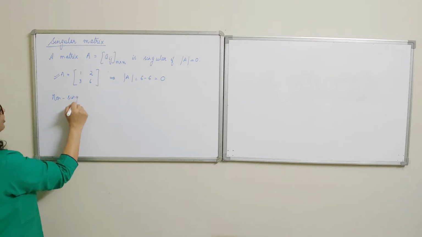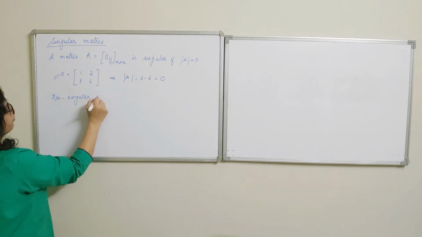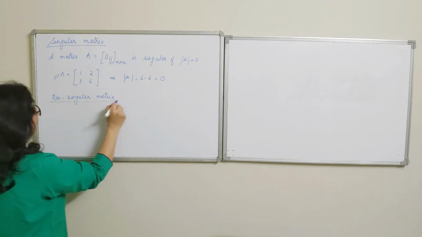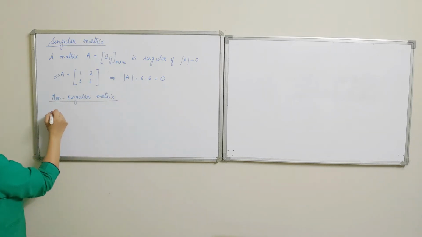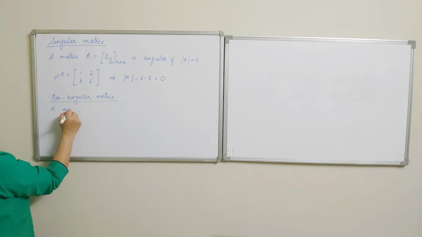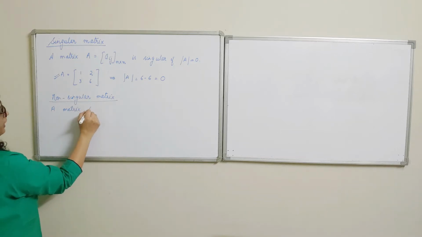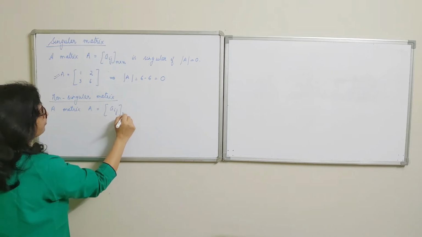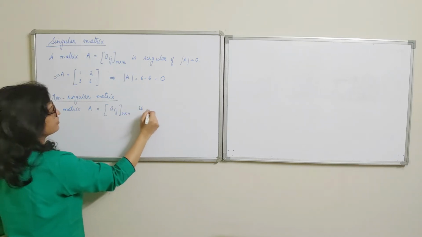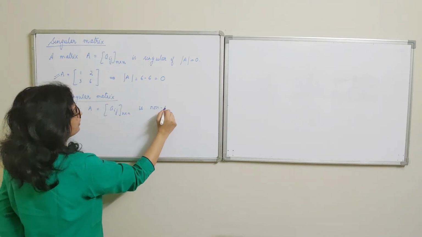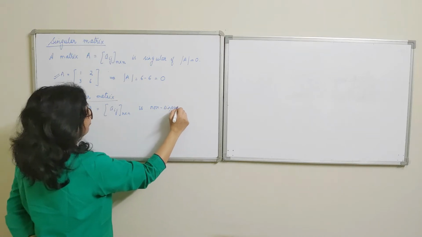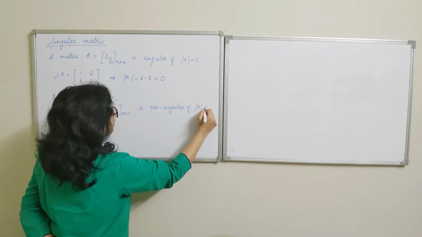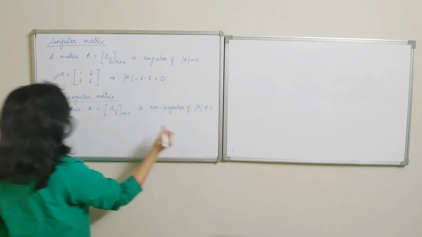Next, non-singular matrix. I think now everybody can easily write down what is a non-singular matrix. Square matrix A of order n is non-singular if the determinant of the matrix is not equal to 0.